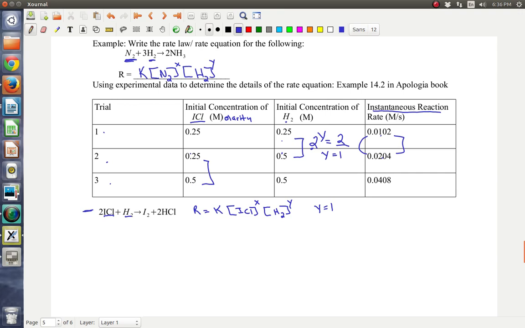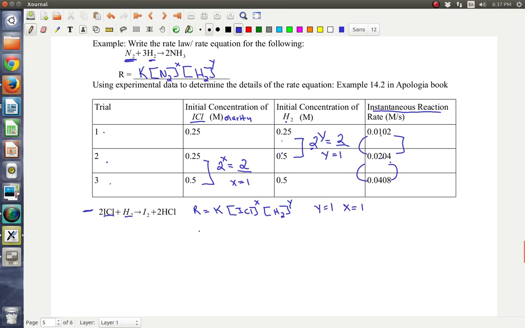The second one divided by the first one, 0.5 divided by 0.25, is a 2. So 2 to the x power has got to equal the change in the rate over here, 0.0408 divided by 0.0204, and that is also a 2. So this is an easy one. 2 to the x power has got to equal 2, so x is also equal to 1. That's where we get our exponents from.